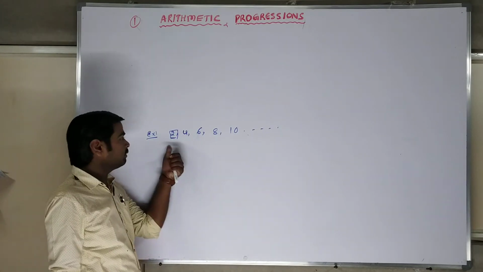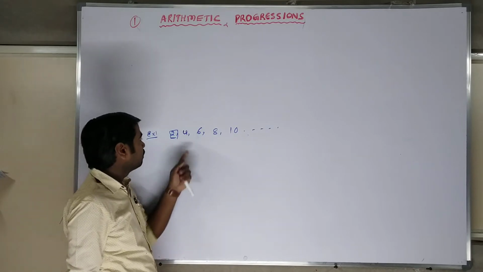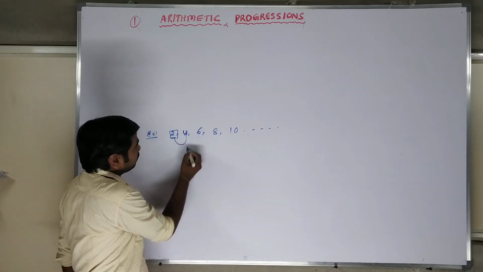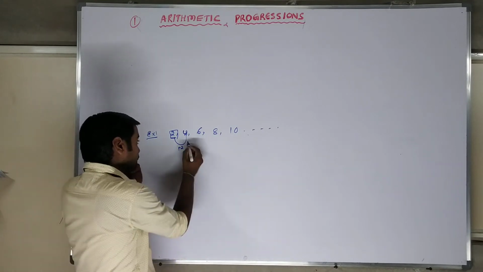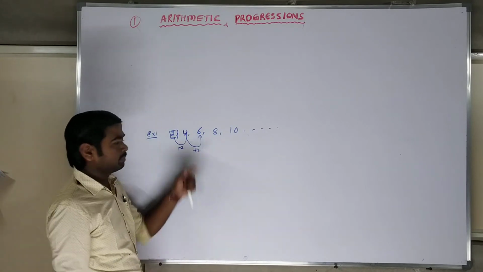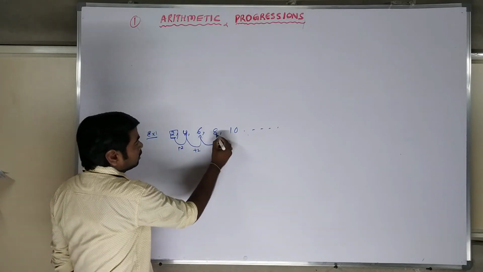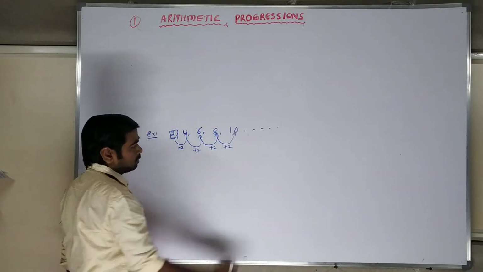Initially the number starts at 2. We are adding to the initial number to generate the next, 4. What are we adding? Plus 2. Then to generate the next one we are adding plus 2 to the preceding number, and again plus 2 to the next number.